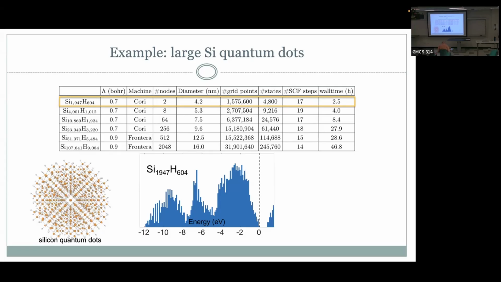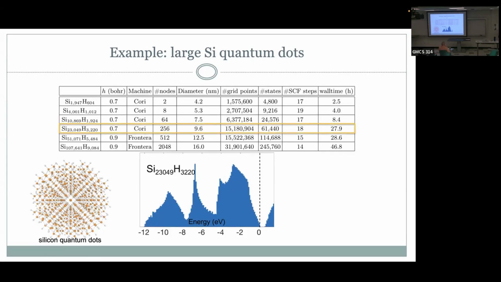What I like about this is that if I go through every row, you can see the density of states becoming smoother. And as you reach the largest system we did, it's pretty smooth. This is very interesting because the shape of this curve is what you find in the solid state when you have an infinite crystal of silicon.